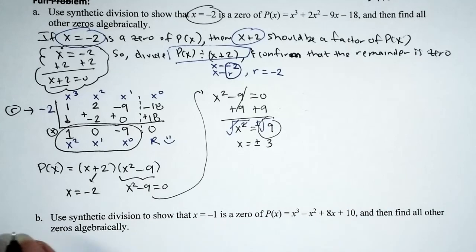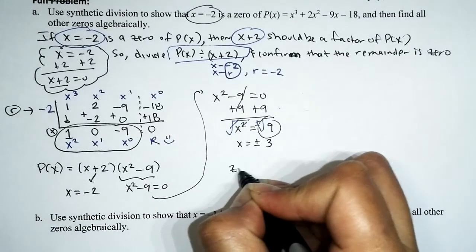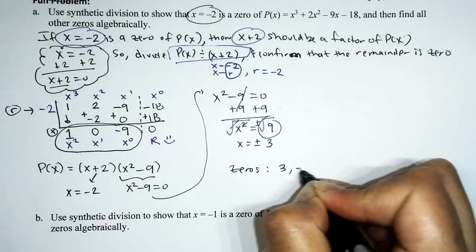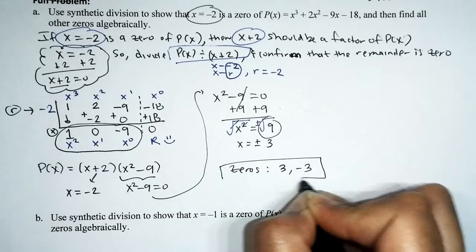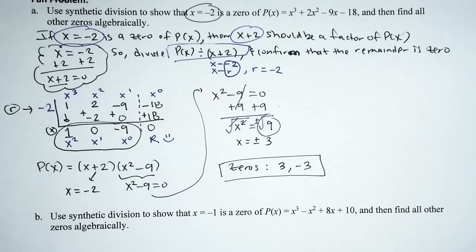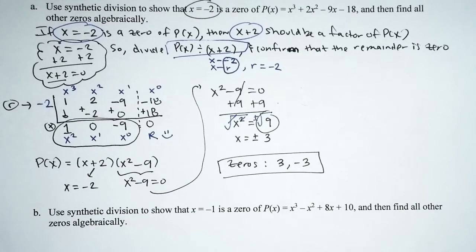But if you want to put this one too, I'm okay. So additional zeros are going to be 3 and -3. If you're not going to sleep tonight because you didn't include -2, go ahead, put it. I don't really care.